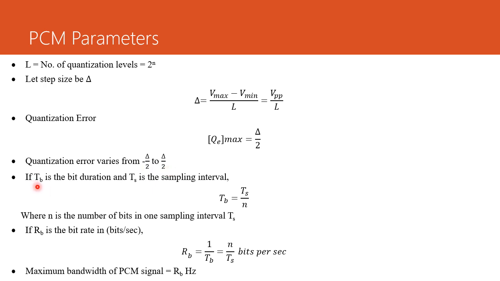Suppose your bit duration is represented as TB and your sampling interval is represented as TS, then the bit duration is equal to TS by N, where TS is the sampling interval and N represents the number of bits in one sampling interval TS.